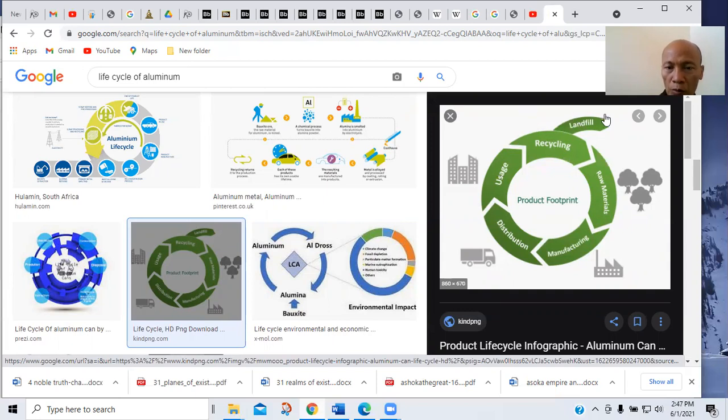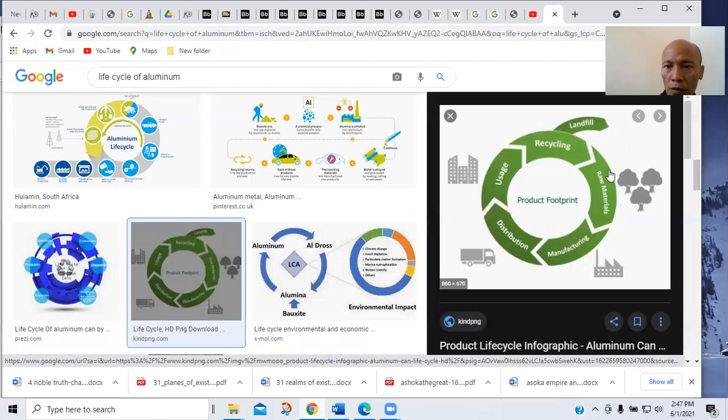Otherwise it goes to the landfills. So anything that we can see, the material things you can see, aluminum, paper, plastic, metal, even tables, and so forth.